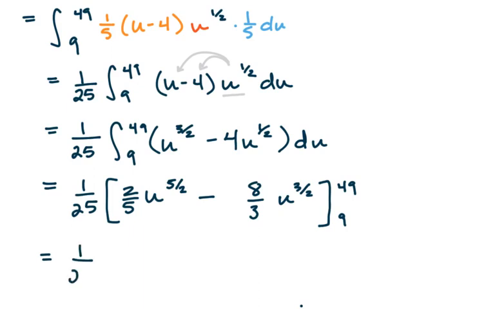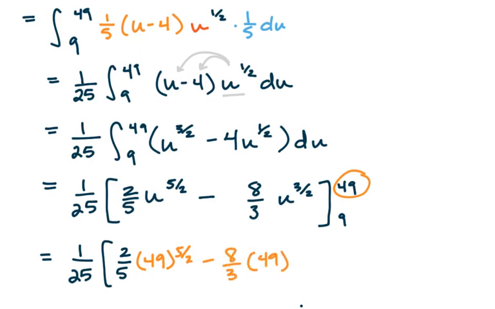So I've got 1/25, 2/5. I'm going to plug in 49 first. So 49 to the 5/2 minus 8/3, 49 to the 3/2.